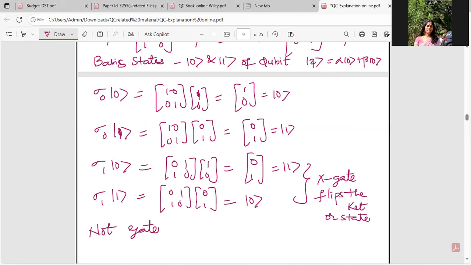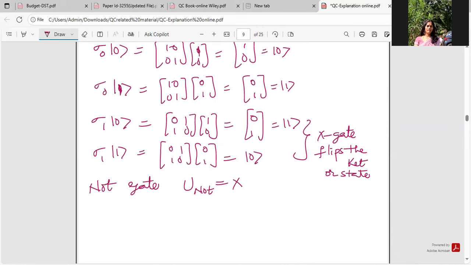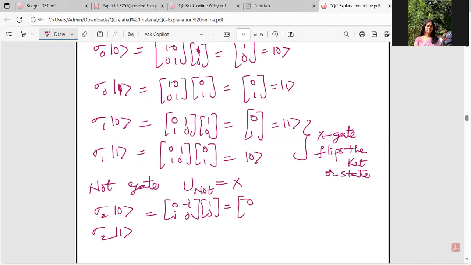And then usually you use U naught for the X gate. The notation, standard books use U naught for the X gate. Let's see sigma 2 when operated on ket 0, and sigma 2 when operated upon ket 1. Sigma 2 is nothing but my Y gate, 0 i, minus i 0. Change in state and flip in phase also. So I get i times ket 1.